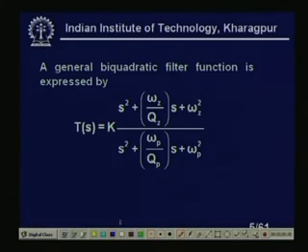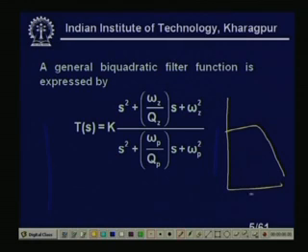The low pass characteristics will look like this, where this is the frequency omega and this is gain. You will find that the slope will be minus 40 dB per decade.